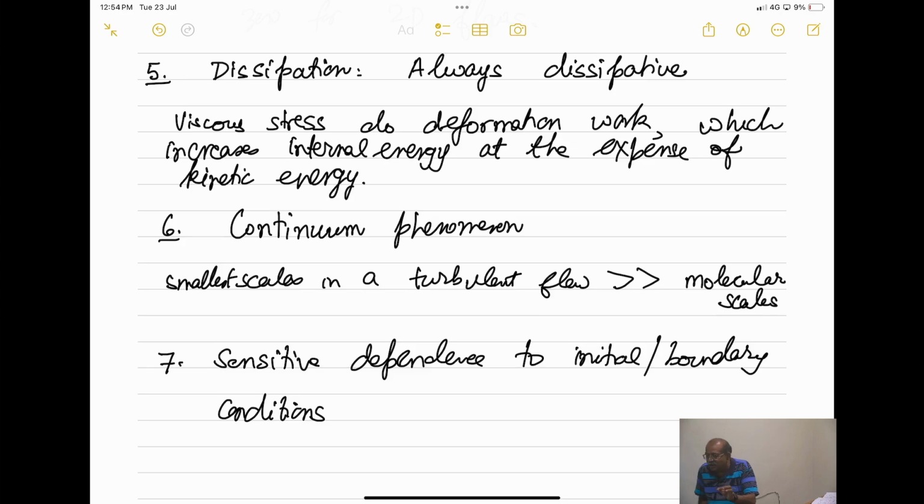But if you look at, let's say, the velocity field, you will never find it reproduced. The reason is that you'll never be able to start exactly from the same situation. When you start it again, there will be some epsilon variation from the condition where you started. And because the flow is sensitive to initial condition, you'll never get the same readings again. That is the meaning of sensitive dependence on initial condition, and that is very much a feature of turbulent flows.